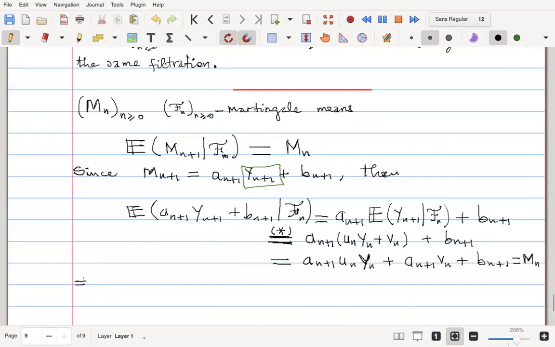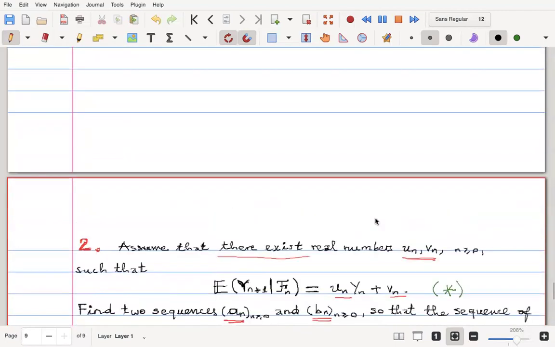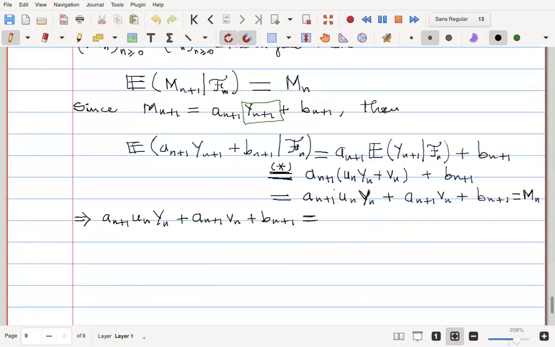So now this implies, if I substitute the expression of M_n, I have a_{n+1} u_n Y_n plus a_{n+1} v_n plus b_{n+1} equal, we substitute the definition of M_n. M_n, as you can see here, is a_n Y_n plus b_n.